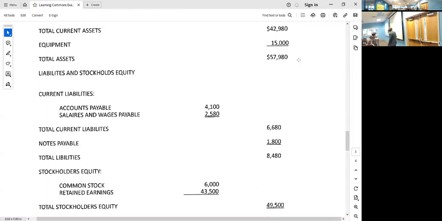This is how we know we balance. Typically this is going to balance. If you did the trial balance, when you get to the balance sheet, it should balance. If it doesn't, you may have put some things in the wrong place, but typically it should balance.